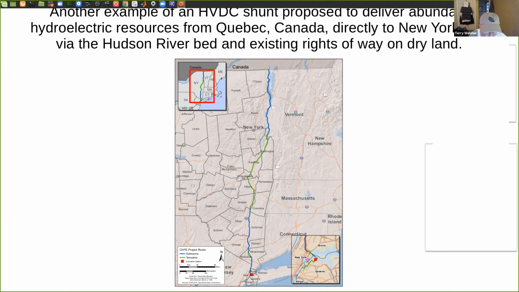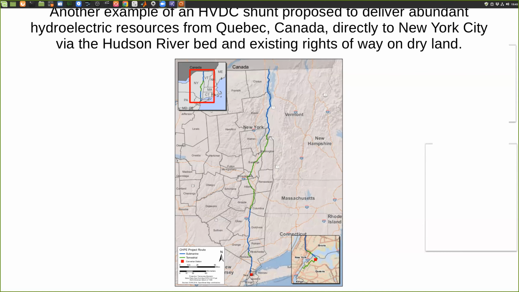At least part Julian, I'm sorry. Sure, go ahead. No, I was just wondering, so whose project is this? Where's the money coming from? In the legend, it says CHPE project route. This is probably the New York utility.